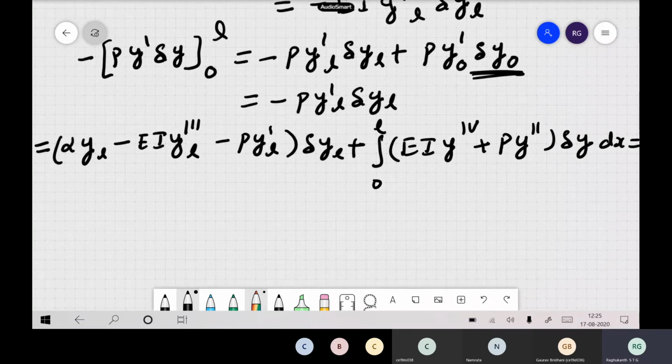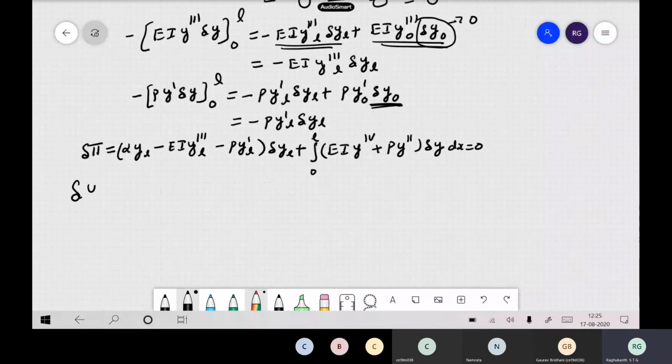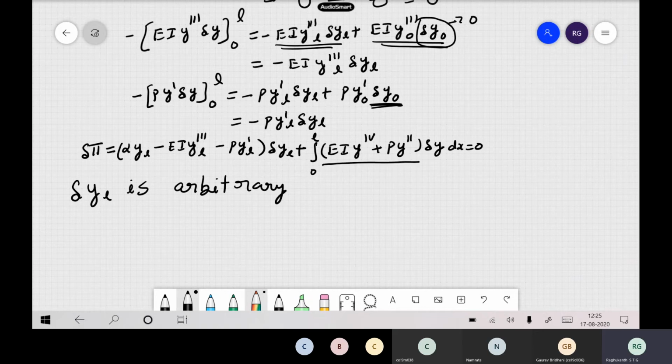So this is the final expression. Now because δy(L) is arbitrary, it is an arbitrary function, so now what should happen? So this quantity should be 0, and this quantity also has to be 0 actually.